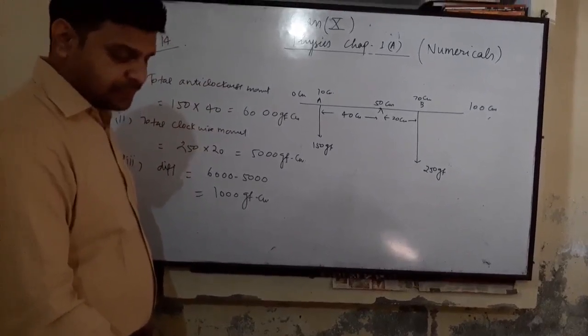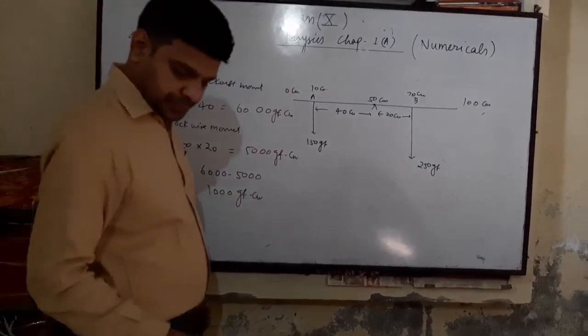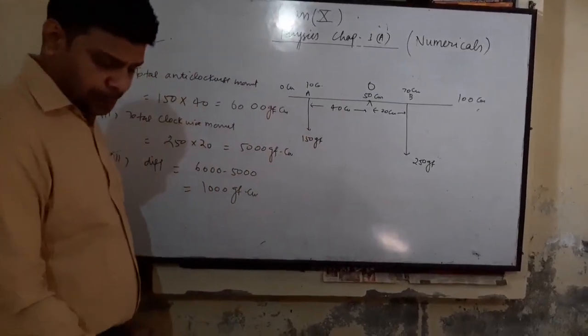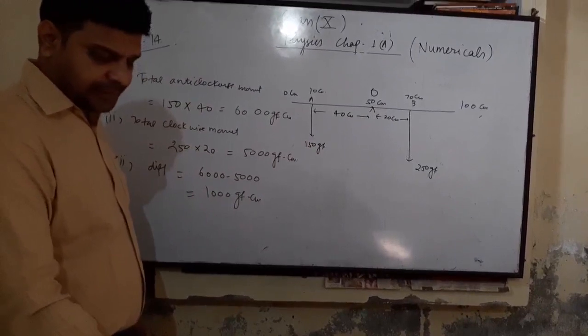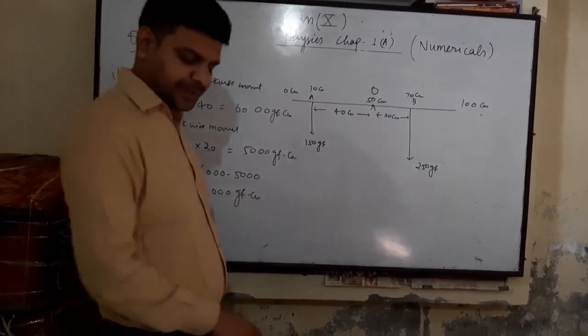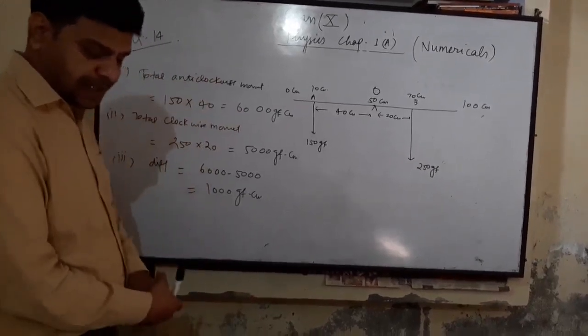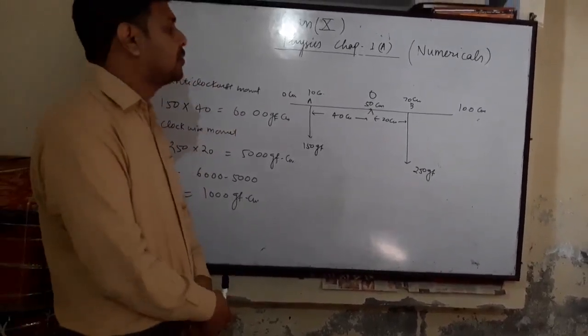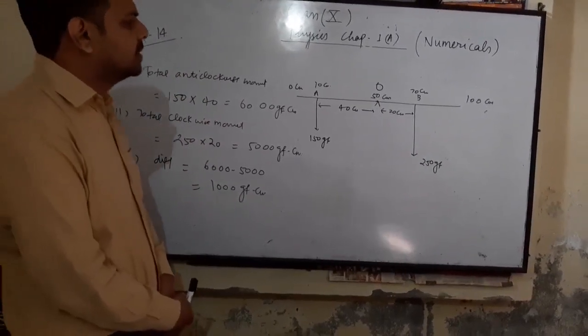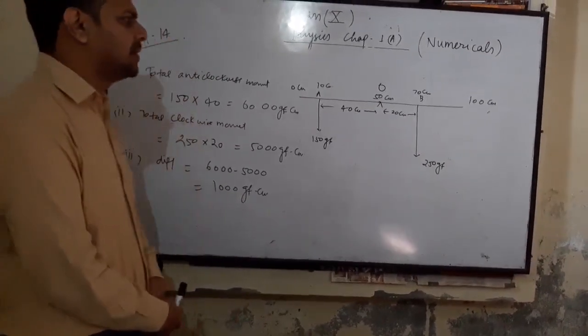The distance from O, the midpoint, where a 100 gram force weight should be placed to balance the meter. We have to suspend 100 gram force at a point from O so that this rule remains in equilibrium.